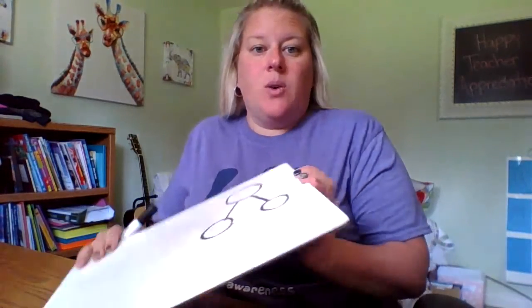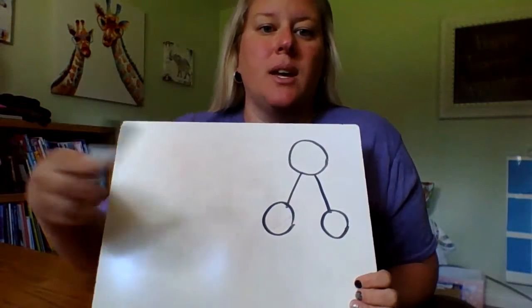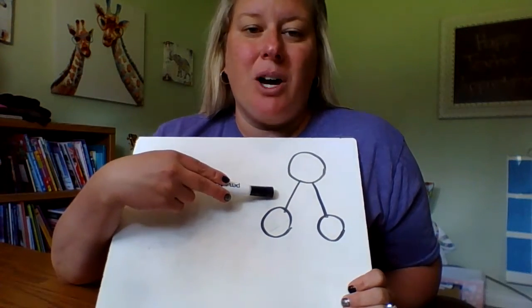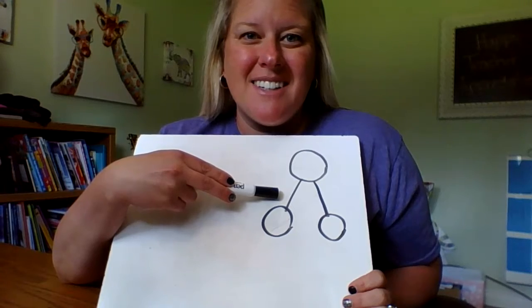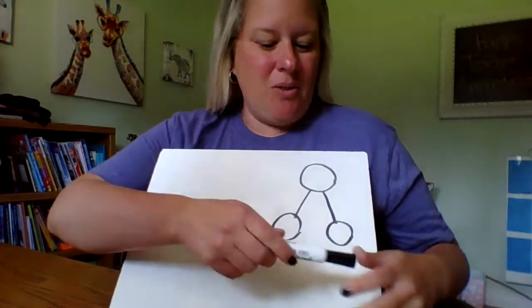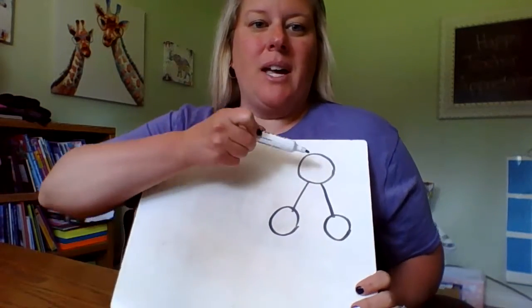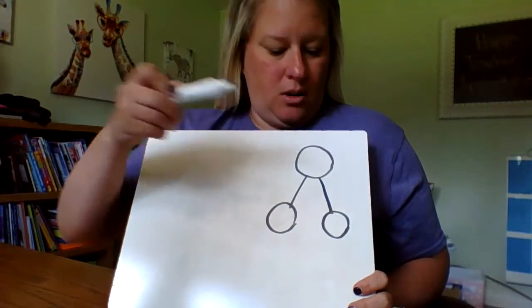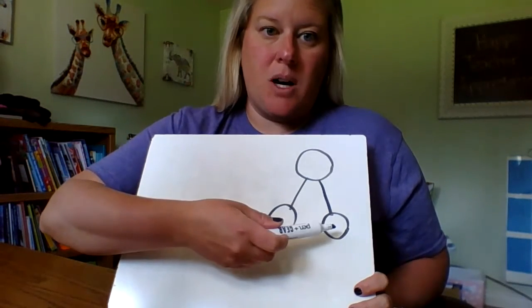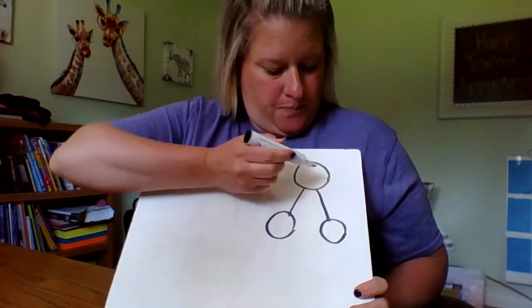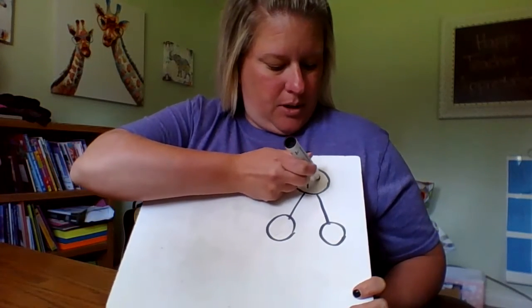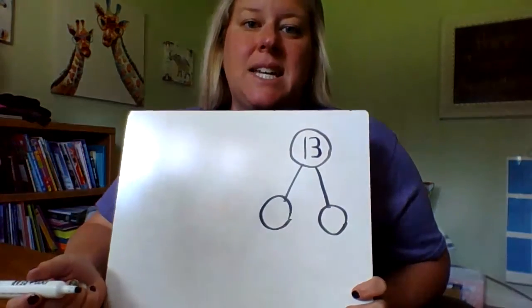Okay, so I have a whiteboard here, and this is our number bond. Do you guys remember that? Okay, so I'm going to write a number in my whole circle. Remember, whole, part, part. Okay, I'm going to write the number 13.